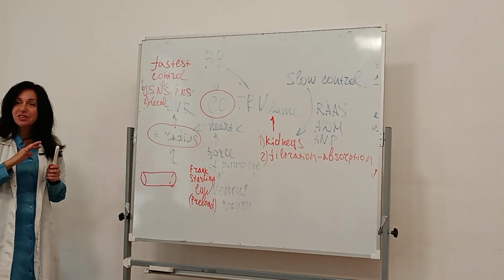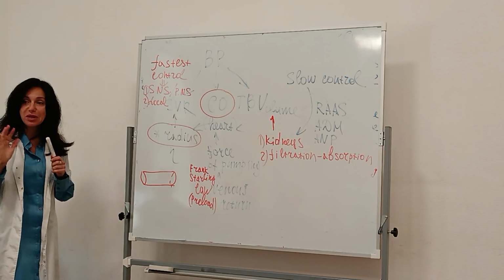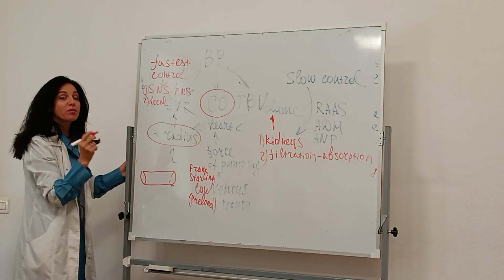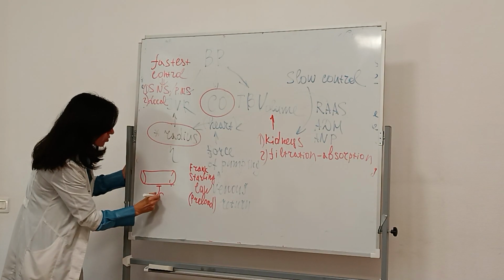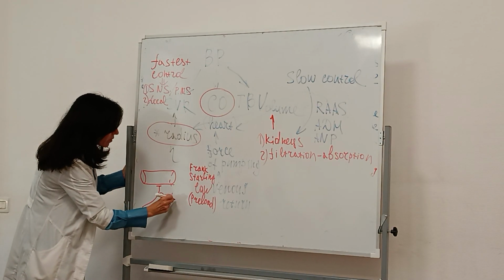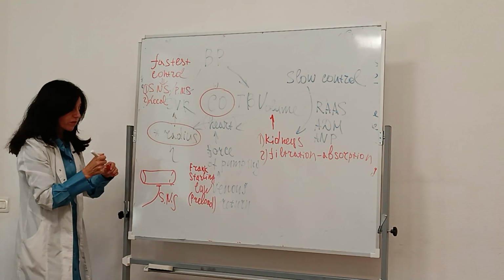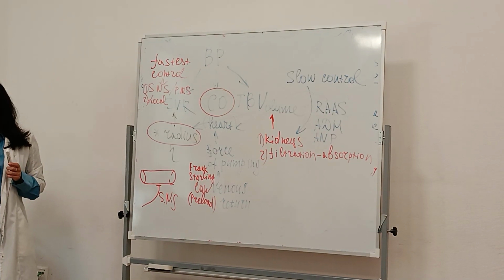Sympathetic. Parasympathetic is just local, forget about parasympathetic for this. Sympathetic postganglionic fiber innervates each blood vessel in our body.